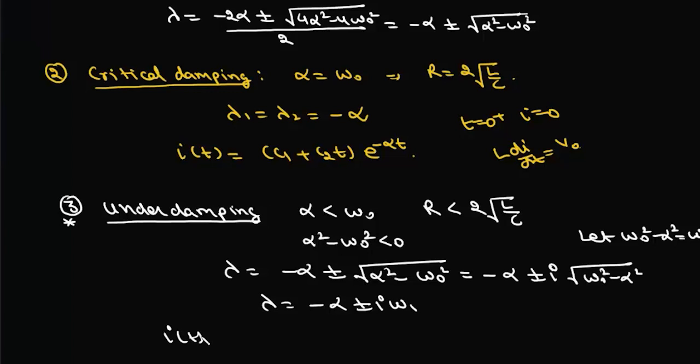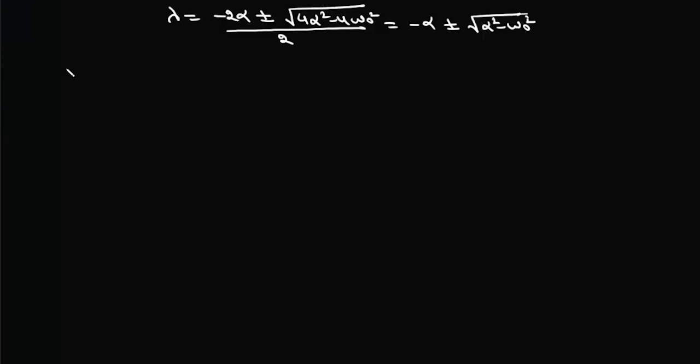So in this case, i as a function of t will be e to the power minus alpha t times C1 cos omega 1 t plus C2 sin omega 1 t, and using initial conditions, again we should be able to find the value of C1 and C2. So for natural response, we have three cases.